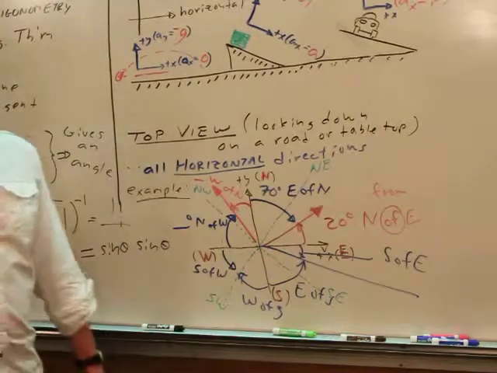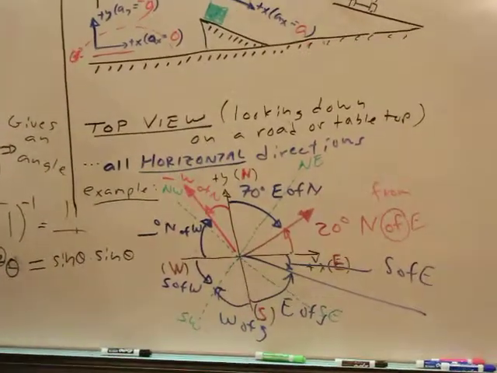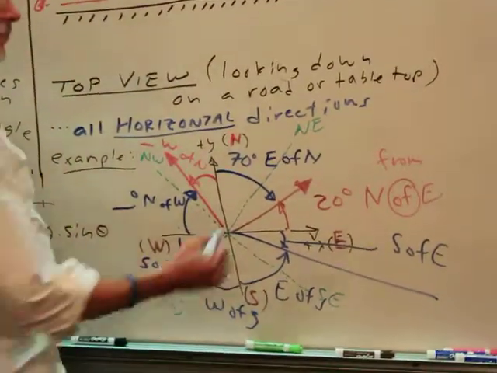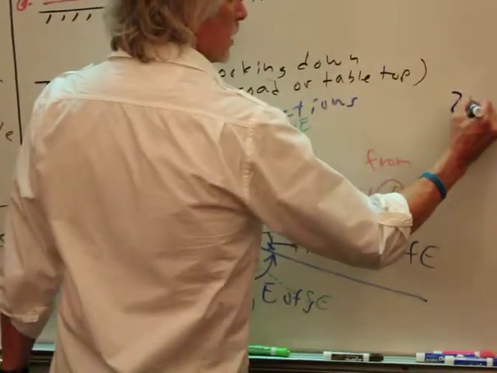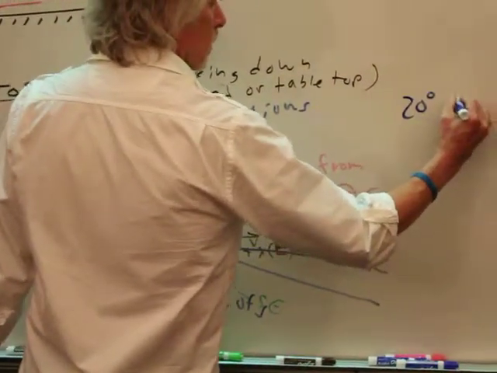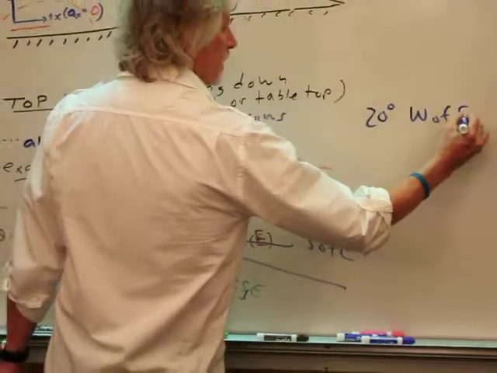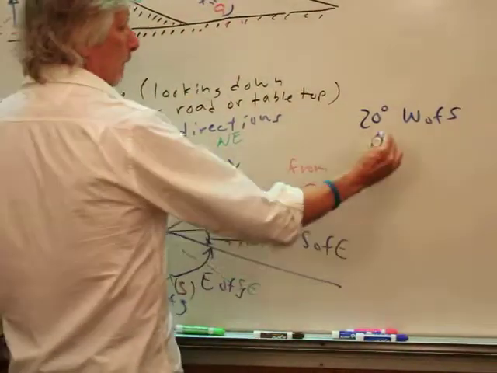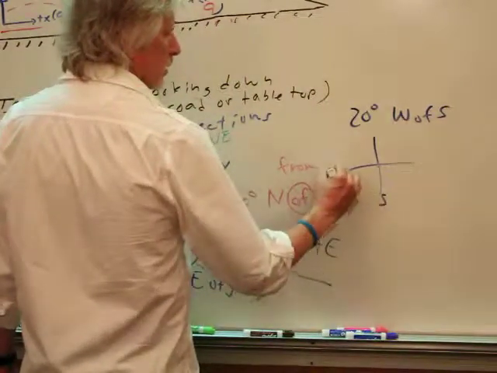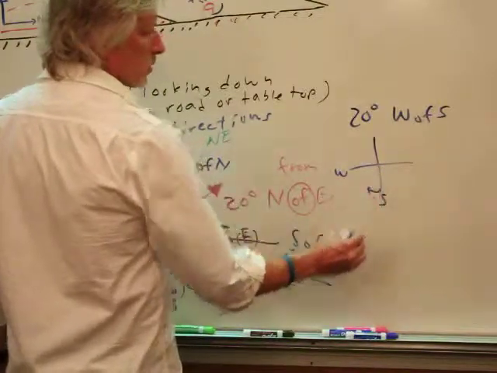So let's just take a look at that kind of quickly. Two little points here. One is, if I gave you 20 degrees west of south, can you visualize it? South, here's west, so I'm going to head out 20 degrees there.